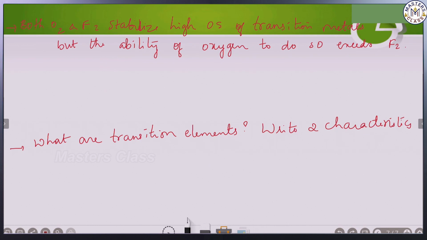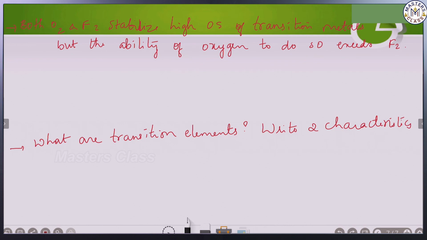Next one: both oxygen and fluorine stabilize high oxidation states. Just now we learned that because of their high electronegative nature, they stabilize the higher oxidation state. But they ask why fluoride does not stabilize as much as oxide. The ability of oxygen to do so exceeds fluoride. So what is the reason?